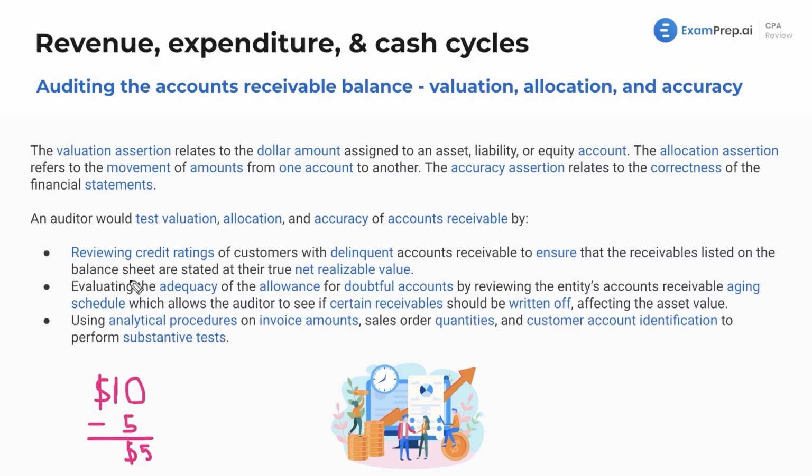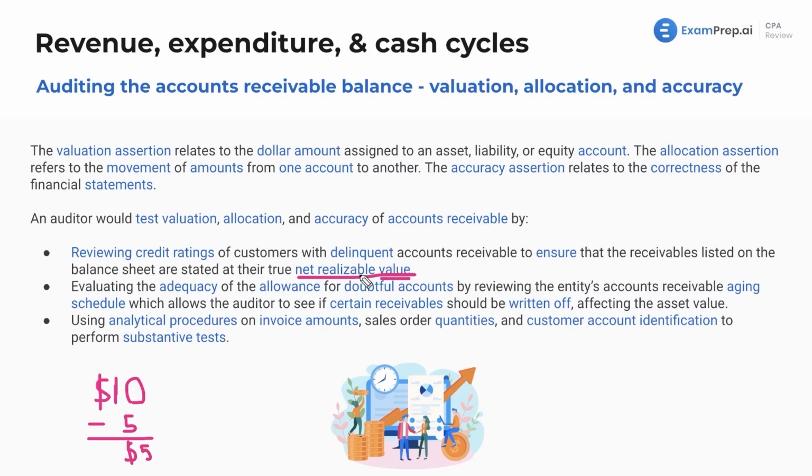A big part of that is reviewing the credit ratings of customers with delinquent accounts to ensure that receivables listed on the balance sheet are stated at their true net realizable value. Looking at customers with delinquent accounts, as in customers that haven't paid you, if you review them and say, wait, this customer actually has no way to pay you, that's probably a big concern, right? And if they have no way to pay you, the net realizable value, the way I like to describe it, is the value of something net of any costs that you will actually realize.